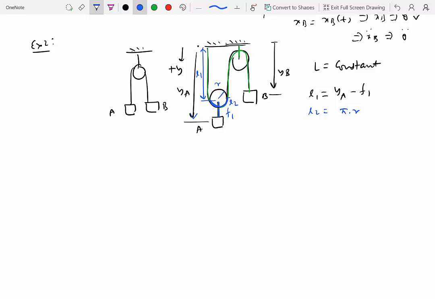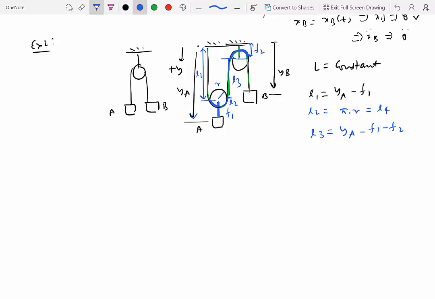Now let's get to over here. From here to here, what is this length? This length, we'll call it L3, is equal to, again, YA minus F1 minus this length, which we'll call F2, which is also fixed. So that's L3. Finally, we have this as well. We'll assume that this is the same as L2 and we'll call it L4. That's your wrap length.